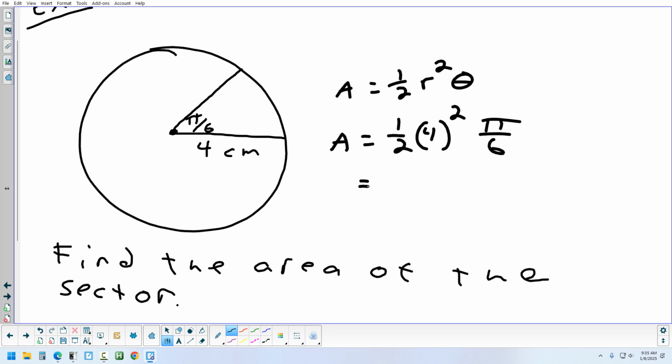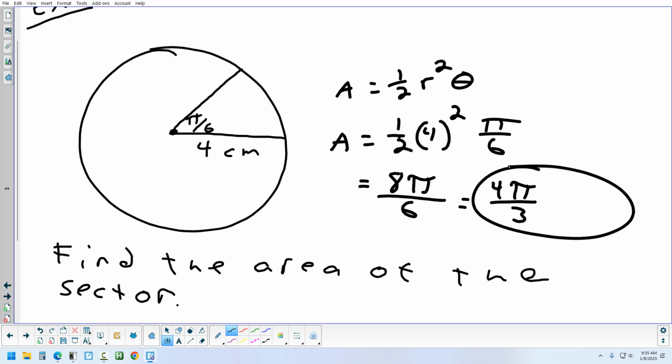Let's simplify it. What's 4 squared? 16. And then half of that? 8. So 8 times pi over 6. And if we get a fraction we can reduce, we just reduce it as much as we can. What does 8 pi over 6 reduce to? 4 pi over 3.